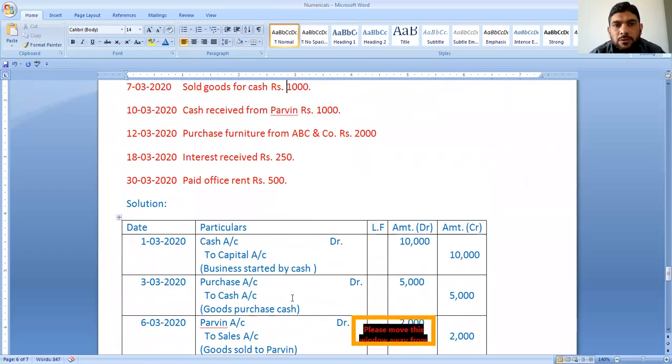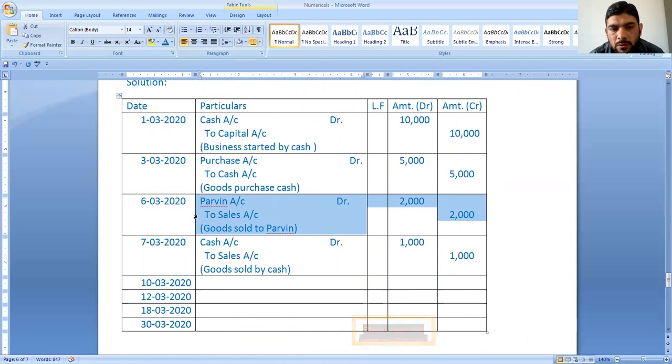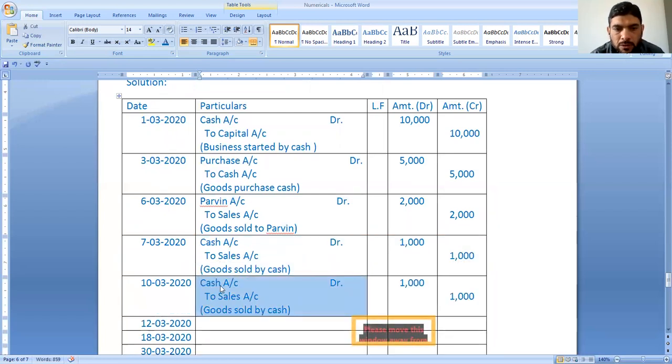Next one is 10th. Cash received from Parveen, rupees 1000. Parveen has been debited in the earlier entry and now he has transferred cash to the firm. So cash will be received. So cash account will be debited and Parveen account will be credited for rupees 1000.